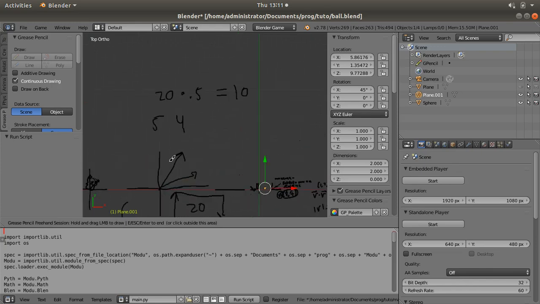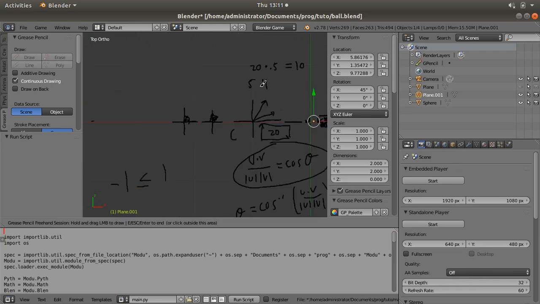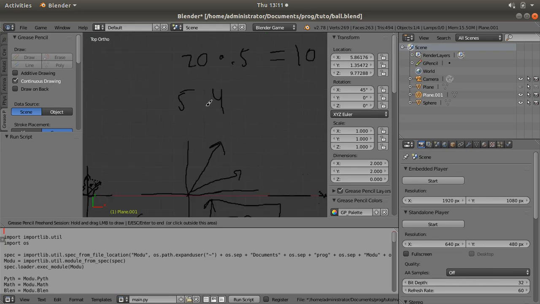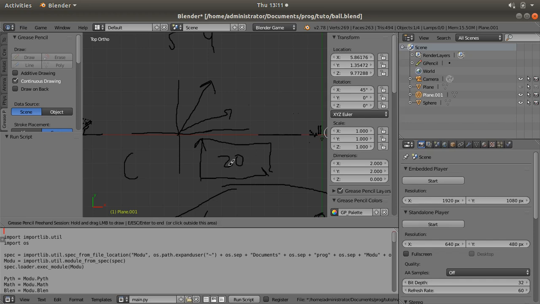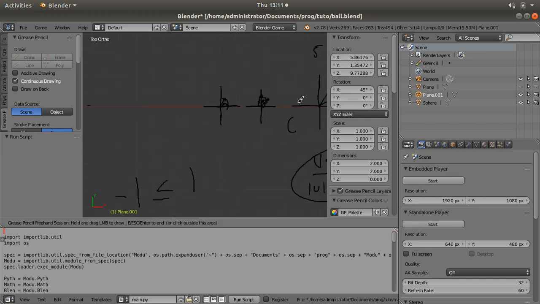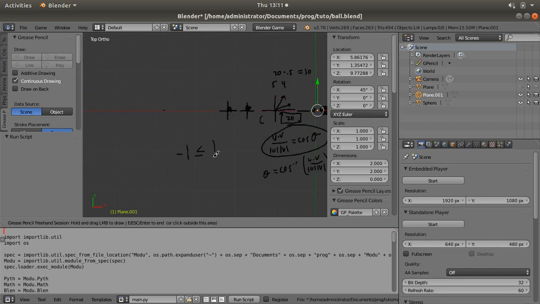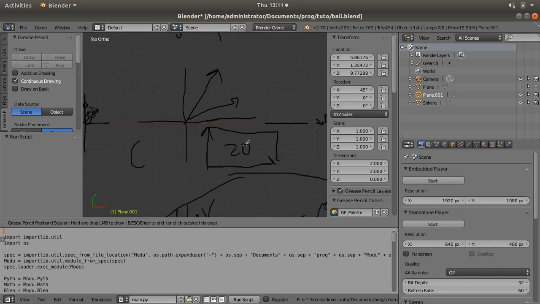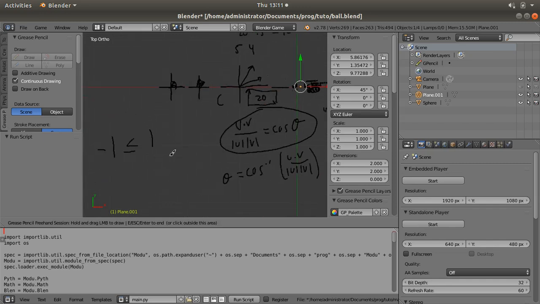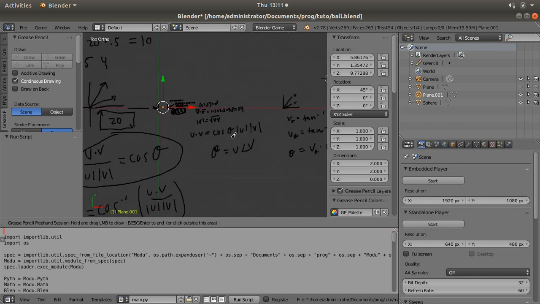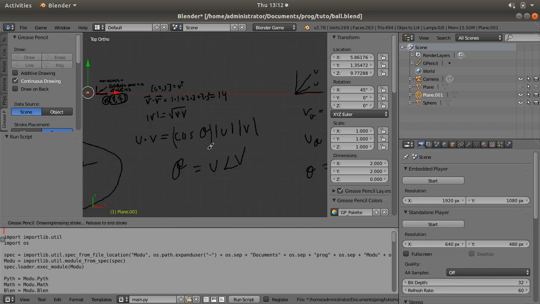So you could think of this area as a kind of upper limit if the vectors are perfectly aligned. But if they're less than perfectly aligned, then this portion of the dot product starts to move towards 0.